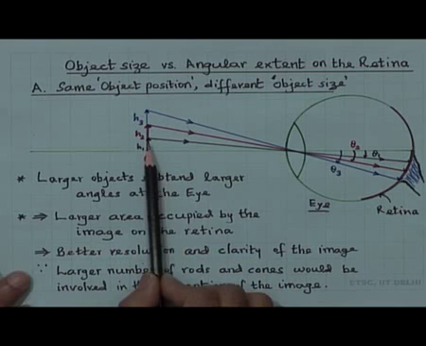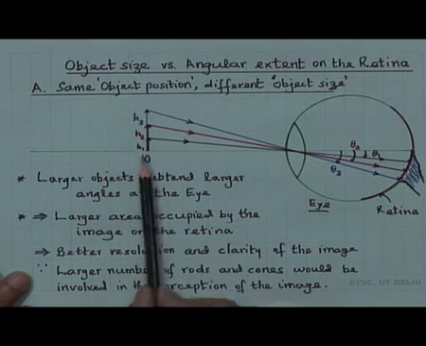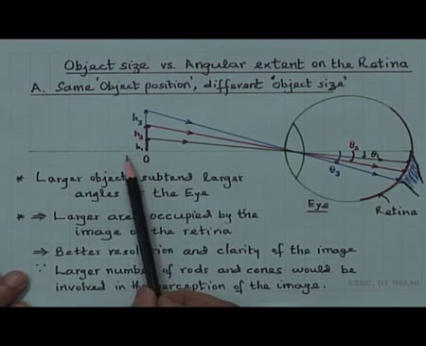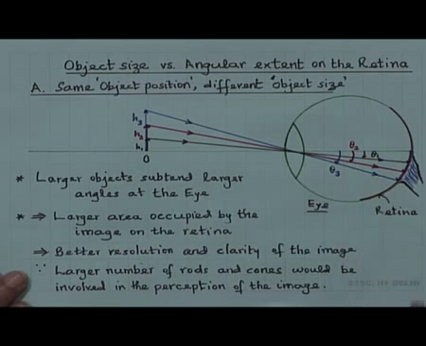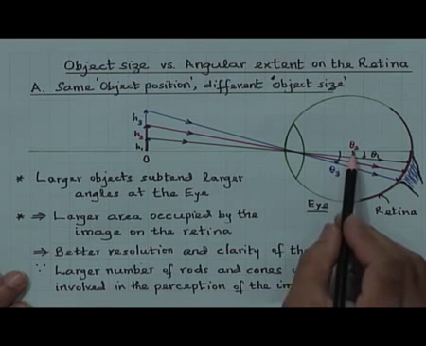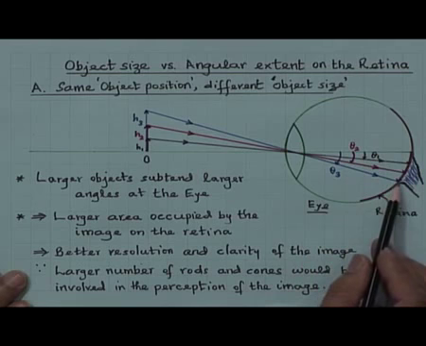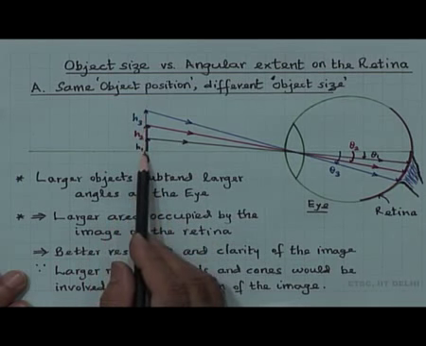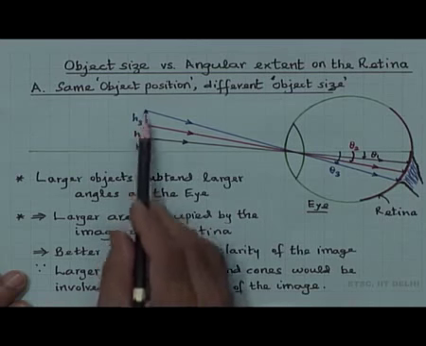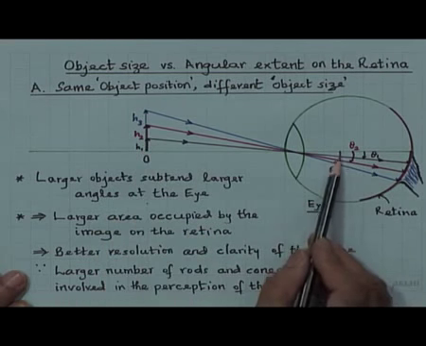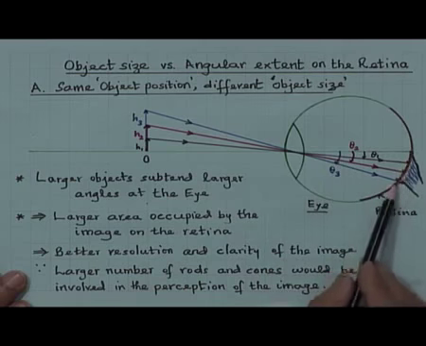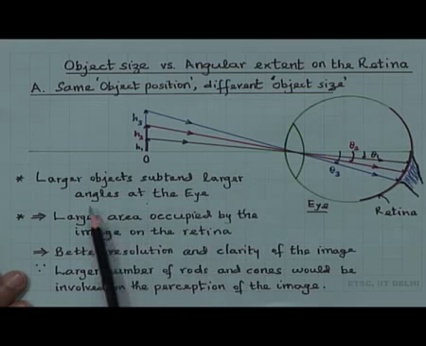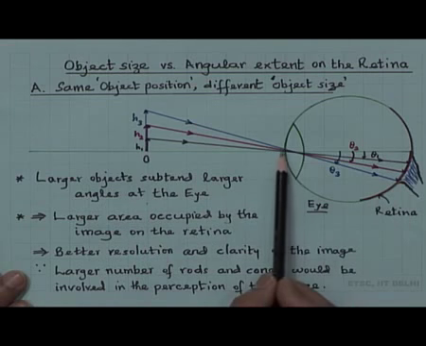Here I have illustrated 3 different objects of height h1, h2, h3 at the same position. What is shown here is the angular extent for the 3 objects are different. Larger the size of the object here corresponds to a larger angular extent on the retina. So, larger objects subtend larger angles at the eye here.